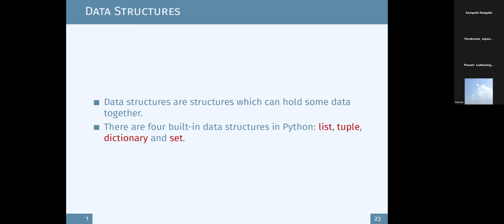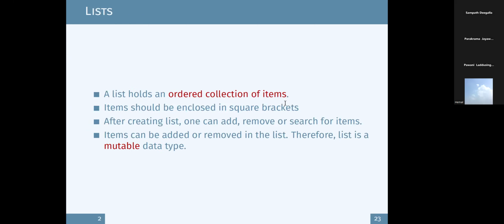Those four are lists, tuples, dictionaries, and sets. We are going to discuss all four. But most of the time, if you are comfortable with lists and dictionaries, that would be enough for most tasks. So let's start with the list data structure.